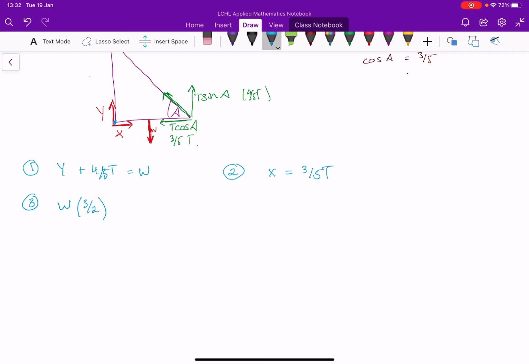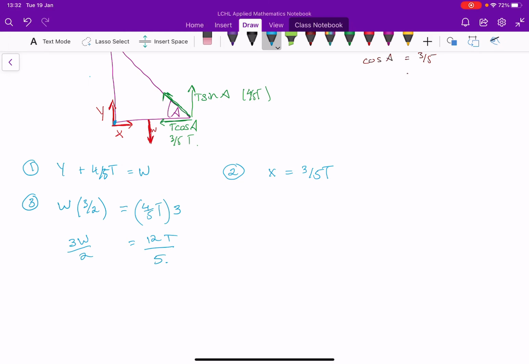That's the only clockwise one. The anticlockwise moment is T sine A, which is 4 over 5T, and the distance from the point is 3. So 3W over 2 is equal to 12T over 5.